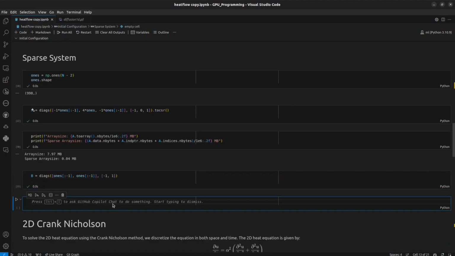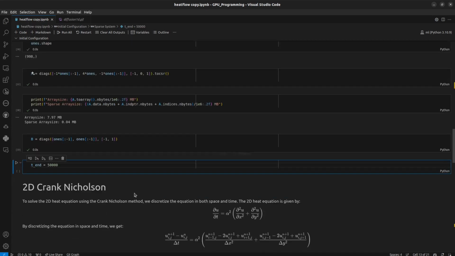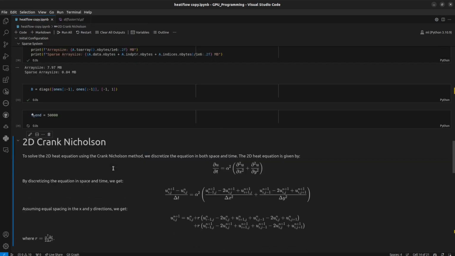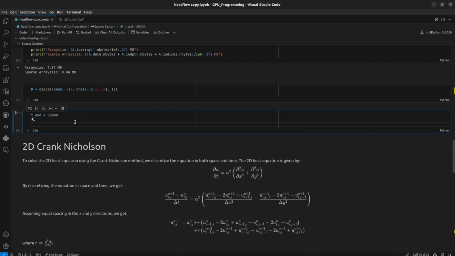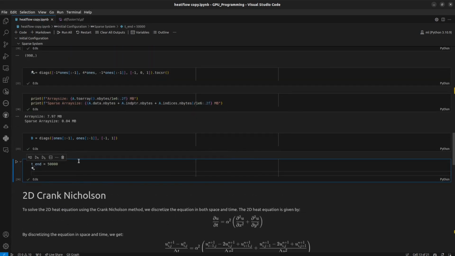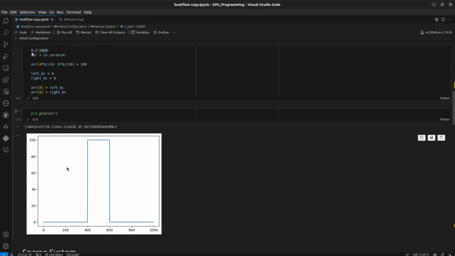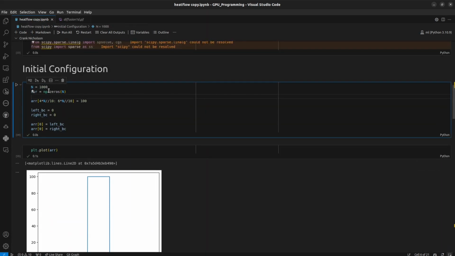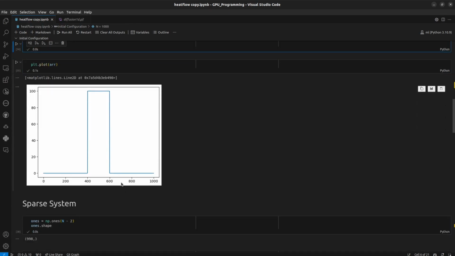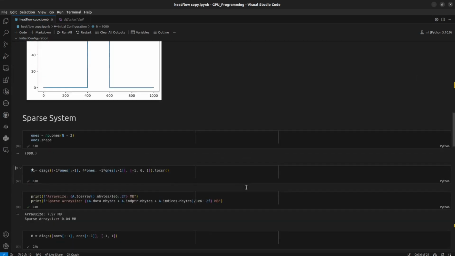Okay, what we're going to do here is define how many steps we want to do. In our case, we're going to use 5,000 or maybe 50,000. Then we want to think about which values we actually want to compute, since in our array we have 1,000 points including the boundary condition, but the points at the boundary are not going to change because they're fixed by the boundary condition.